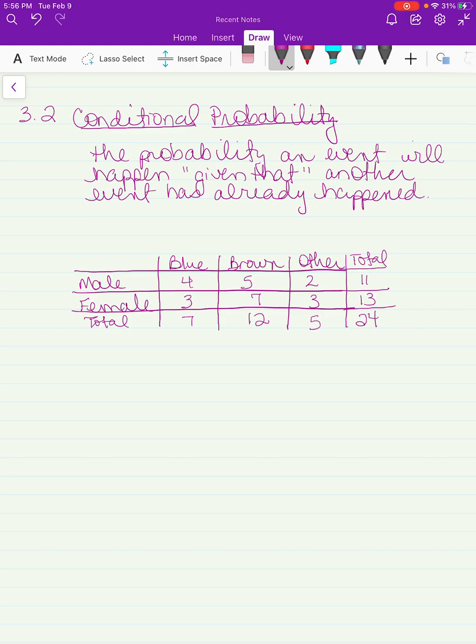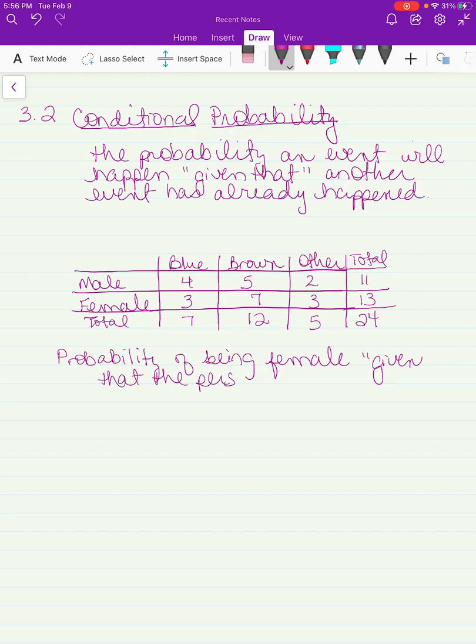I can, instead of talking about being just male or being female or having brown eyes, I could talk about the probability of being female given that the person has blue eyes.